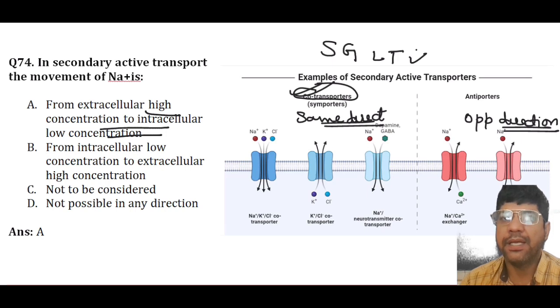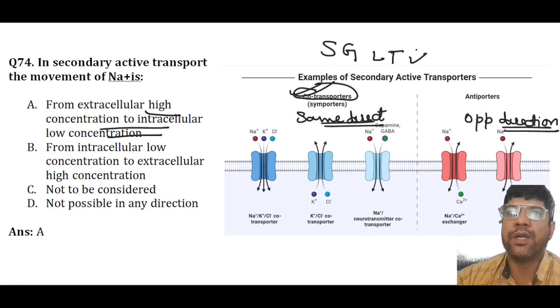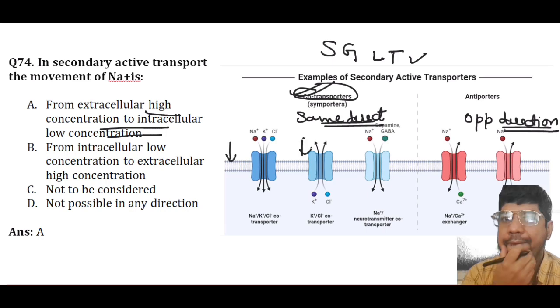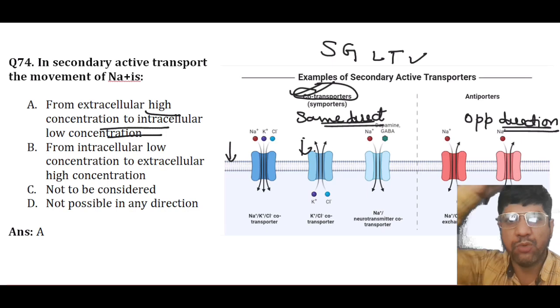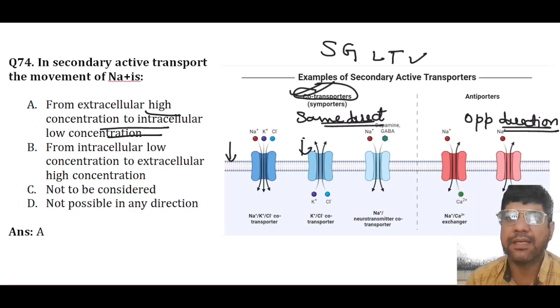The binding of the sodium induces a conformational change, allowing both the sodium and glucose to be transported into the cell. This movement of sodium from high concentration to low concentration is driven by the sodium potassium pump.